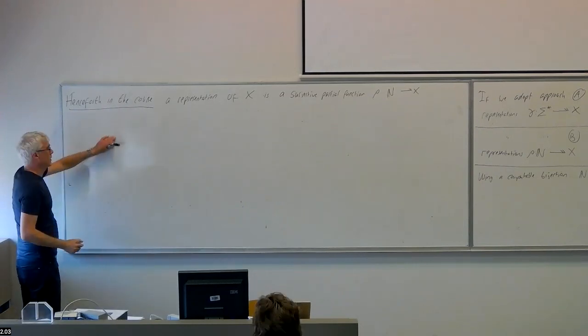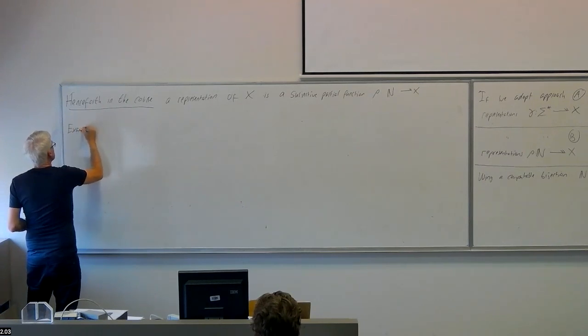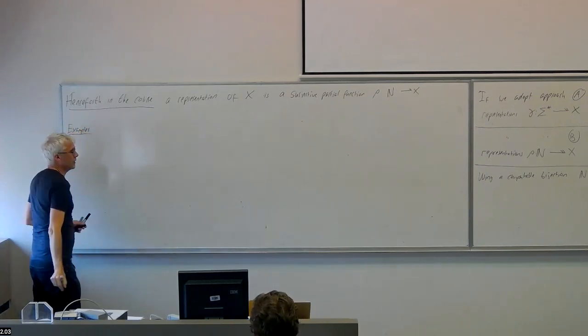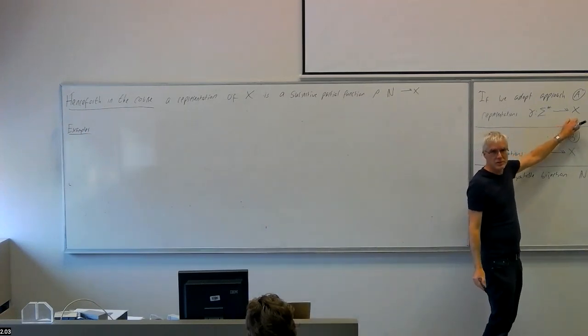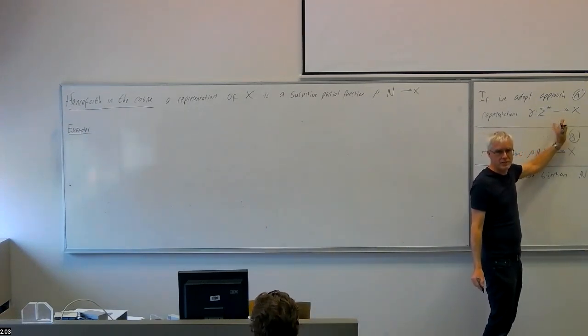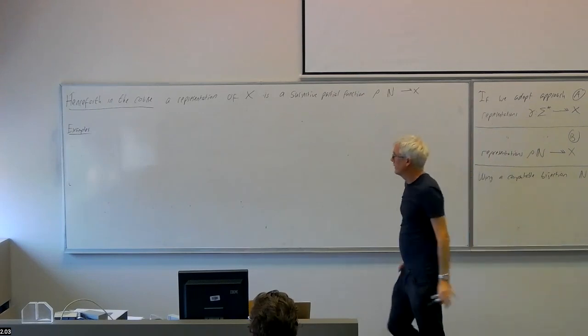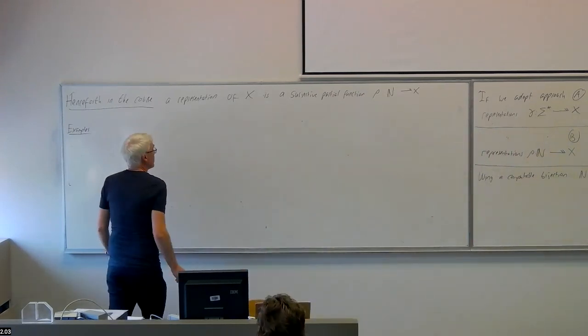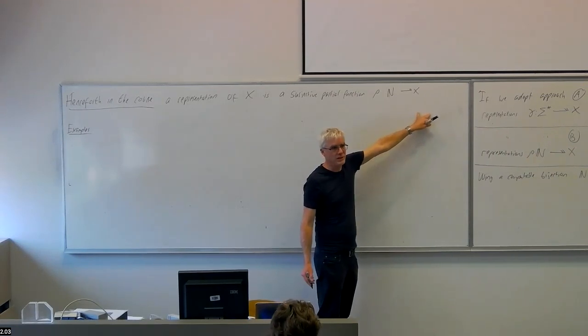So I'll just give 2 examples. When we were representing the natural numbers using words, we considered 3 different representations, 2 different kinds of binary encodings and 1 unary encoding of natural numbers. If we want to represent the natural numbers using the natural numbers, there's of course nothing we need to do.